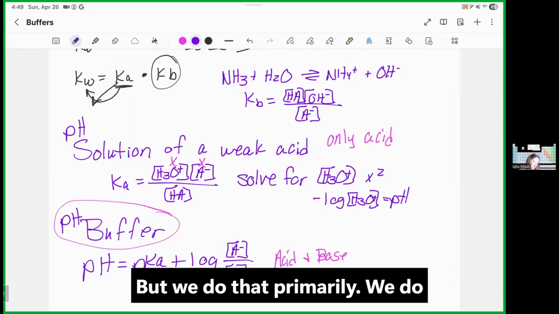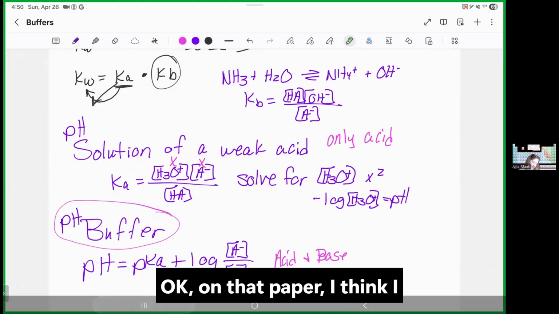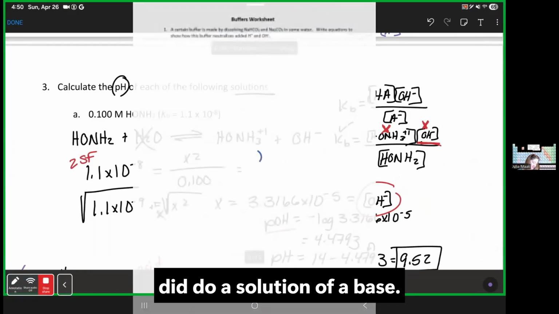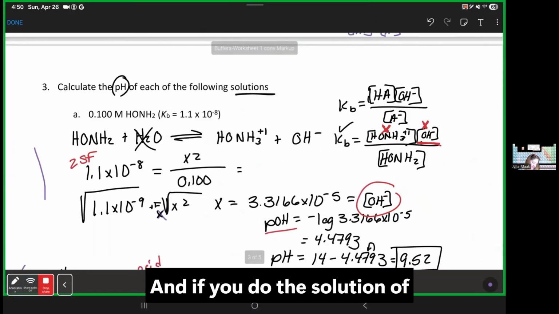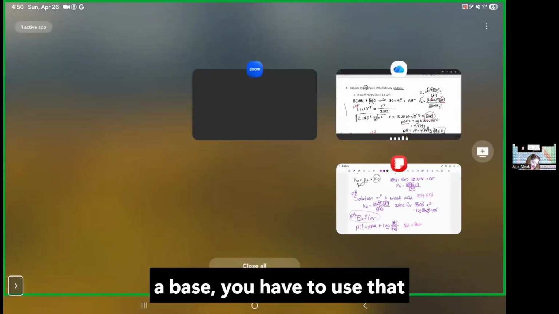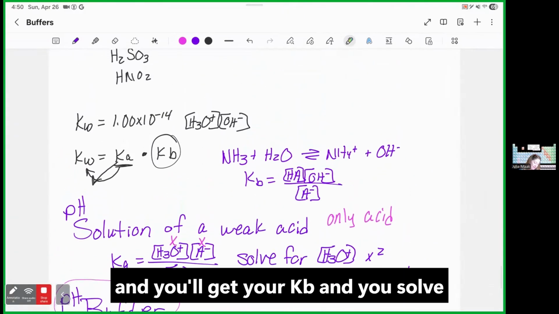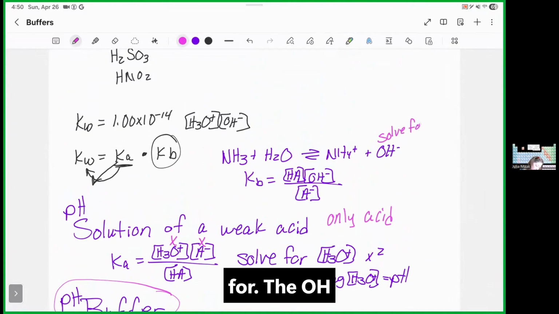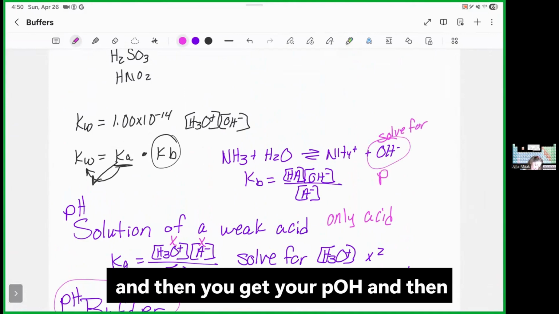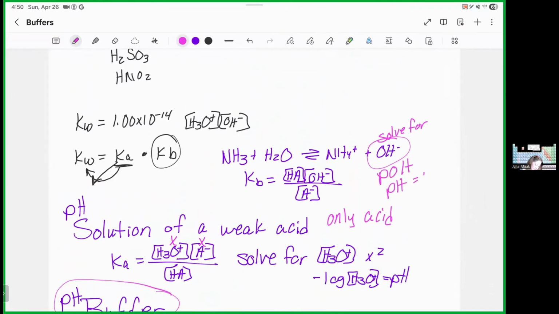Okay, but we do that primarily with acids, solutions of a weak acid. On that paper, I think I did do a solution of a base. And if you do the solution of a base, you have to use that Kb. And you get your Kb and you solve for the OH, and then you get your pOH, and then you get your pH from that.